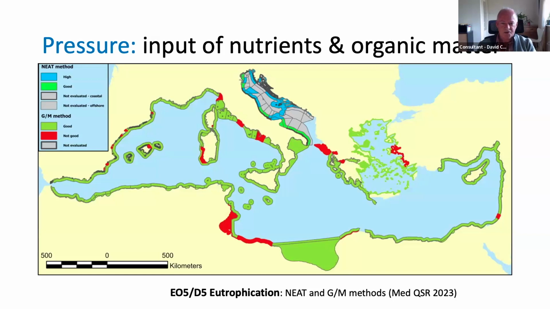So where you see not good status, the red areas, the assessment is related to the water column, and so we don't yet fully understand how much that might be influencing the seabed, but it gives an initial proxy for the effects of nutrients on the seabed.